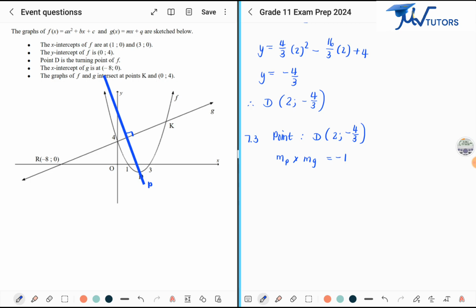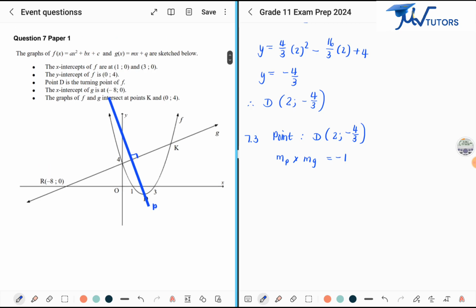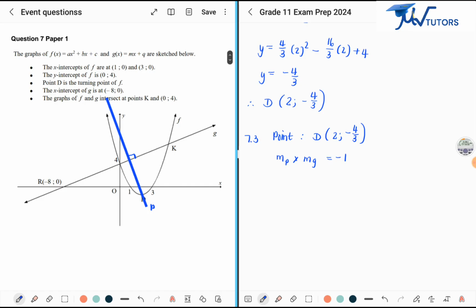Okay, so let me just go and get the gradient of G. Let me get the equation of G. And what do we have there? We have 2 points. We have R, and we also have 0 and 4. Sorry, I'm just looking strictly at G right now. So I'm going to take R and my y-intercept.